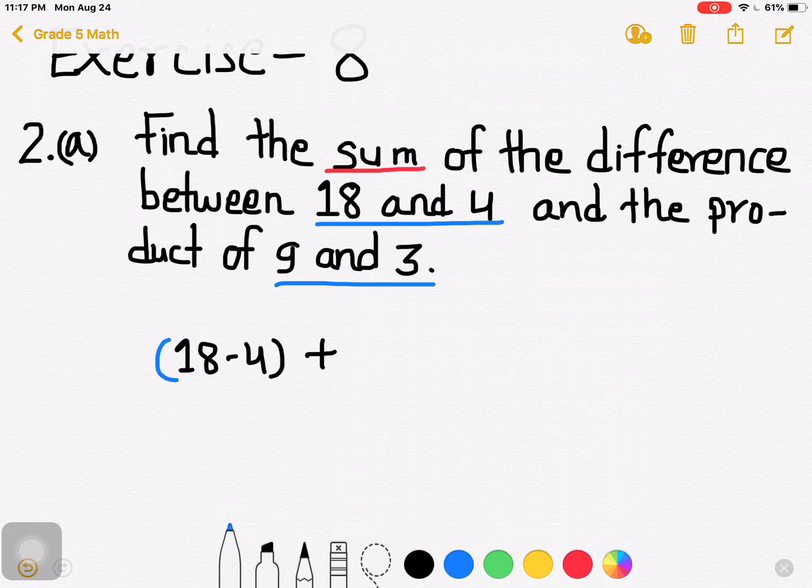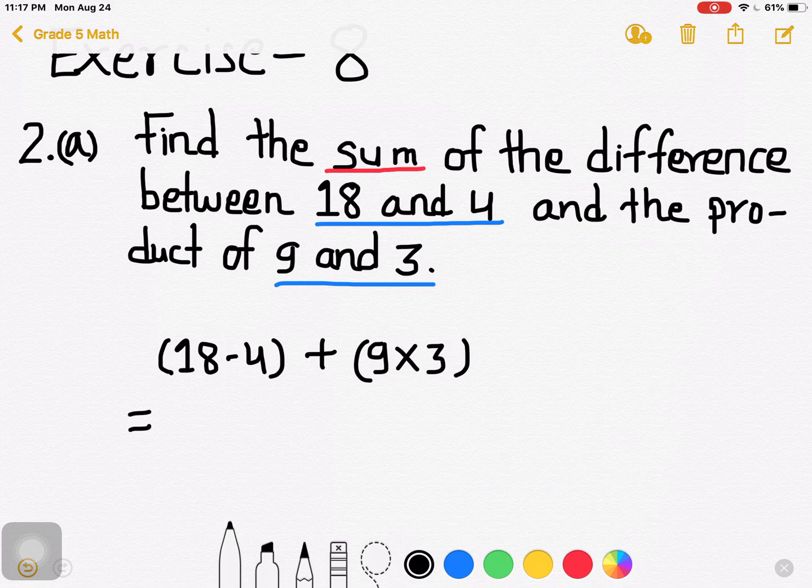Keep this in bracket. And the product of 9 and 3. Yes, we have made the problem now. Now let us solve it.